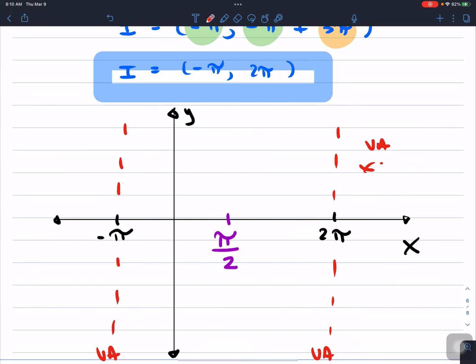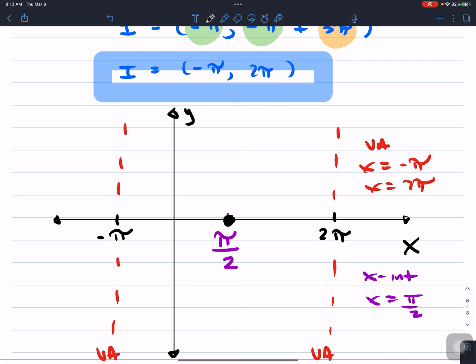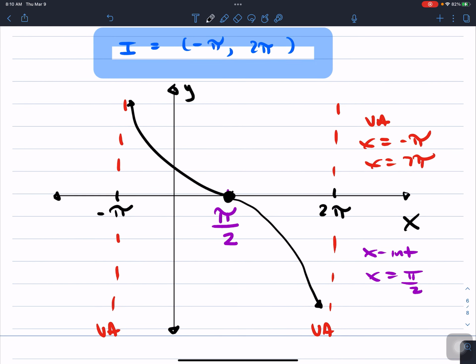It happens when x is negative pi. It happens when x is 2 pi. Okay, where's the x-intercept? Pi over 2. And then we get to sketch the negative x to the third. It has to go through that x-intercept. So negative x to the third, oh yeah, it looks like this. So ladies and gentlemen, there you go. Easy peasy lemon squeezy. All right, good.